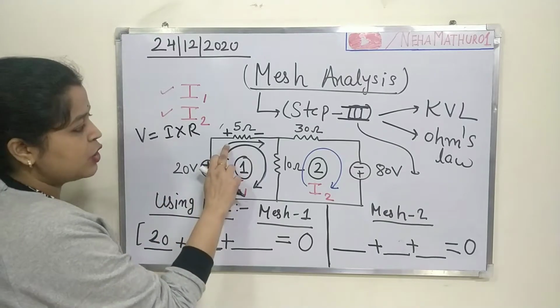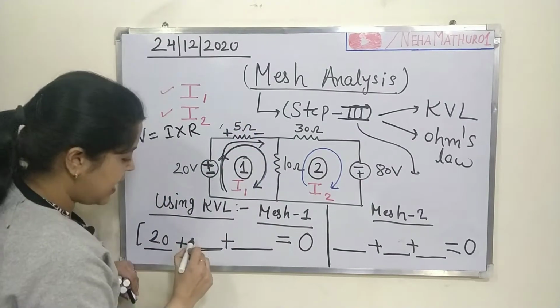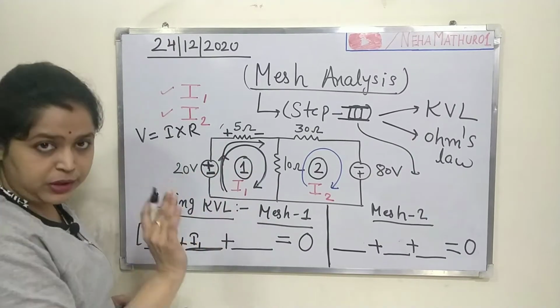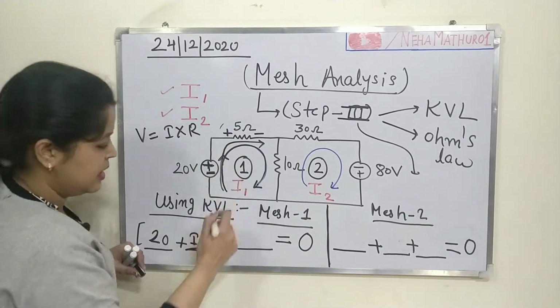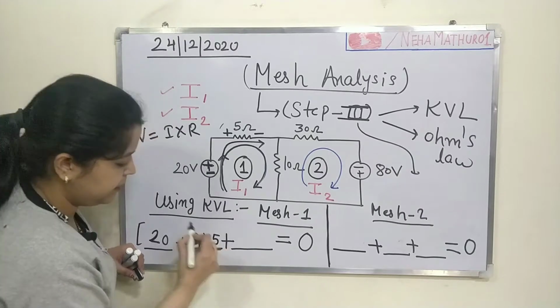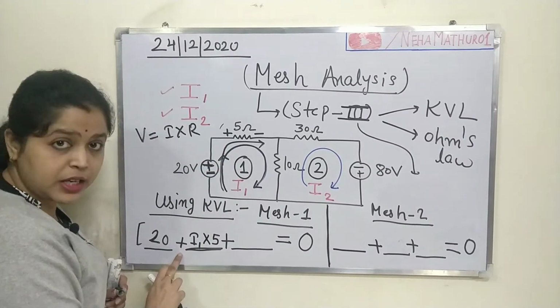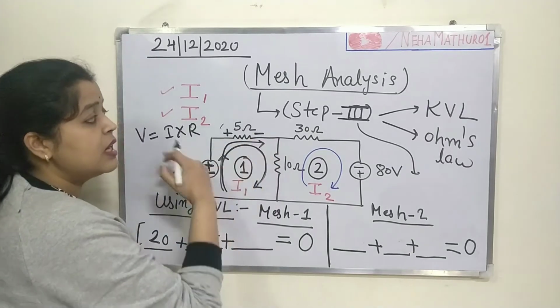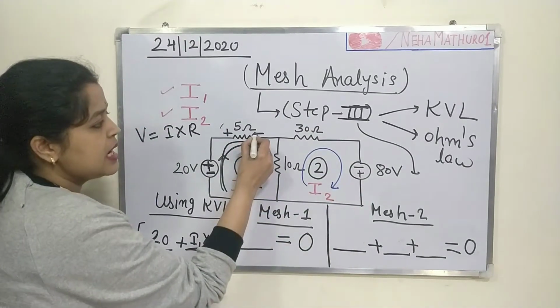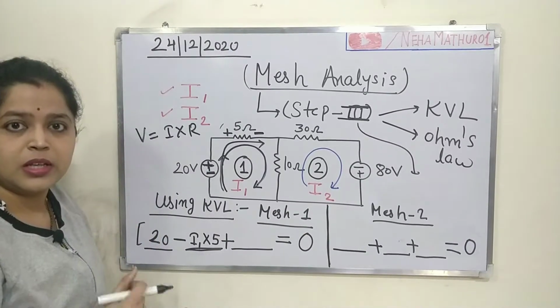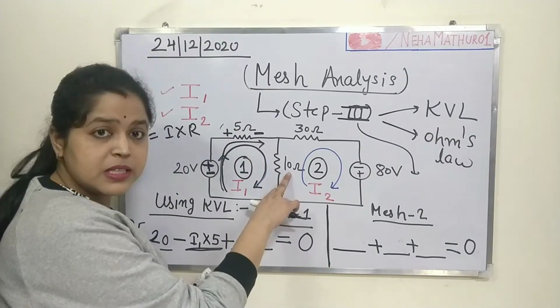The current across this resistor is I1, because we mentioned the current is I1. Similarly, the resistance is 5. Now what about the direction, whether it will be positive or negative? The sign depends on the last symbol, and the last symbol is minus, so here you will have to take minus.